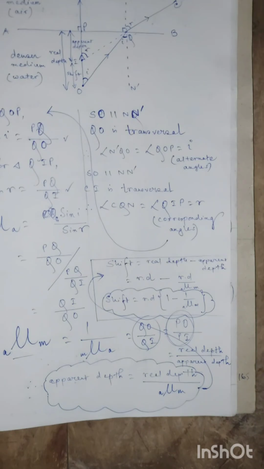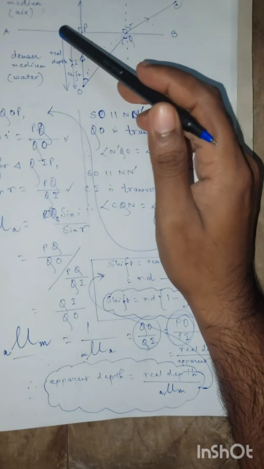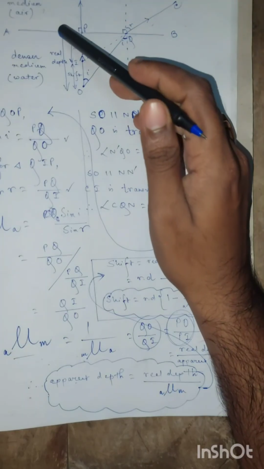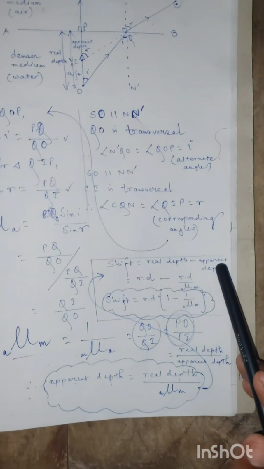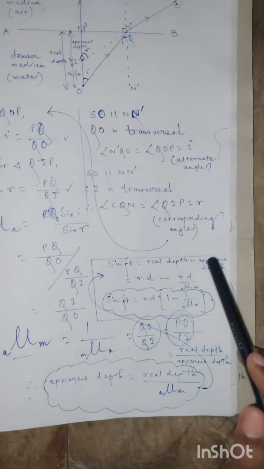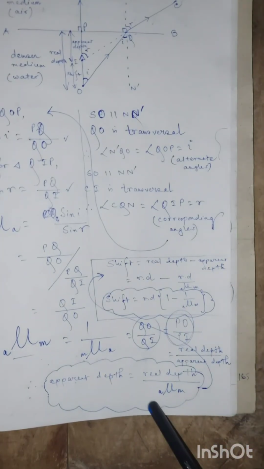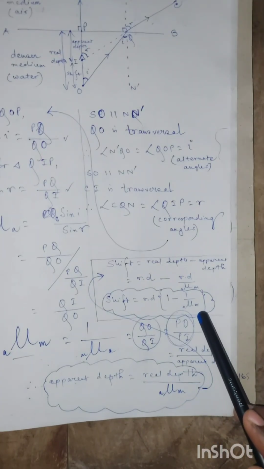Now if we want to find the shift, we can simply say that shift should be equal to real depth minus apparent depth. This is our shift, real depth minus apparent depth. So in place of apparent depth, we can write real depth by refractive index of the medium.